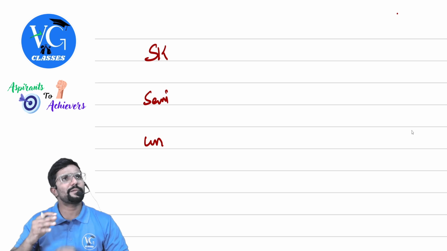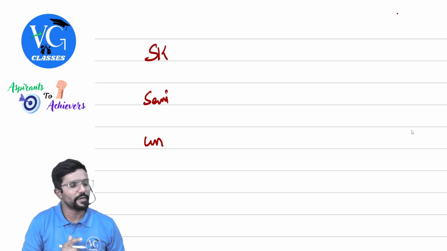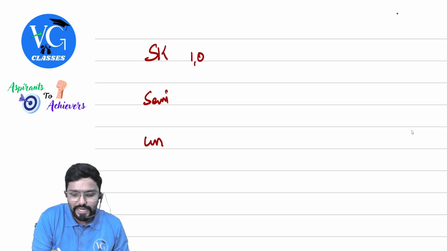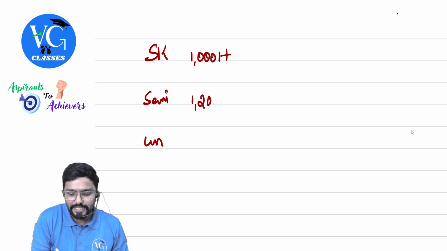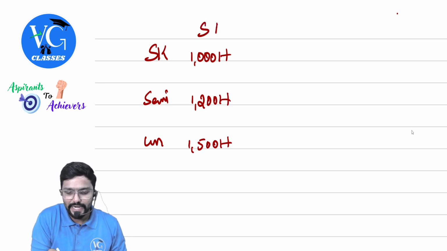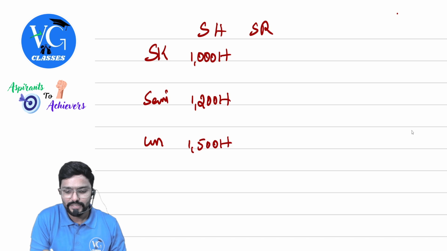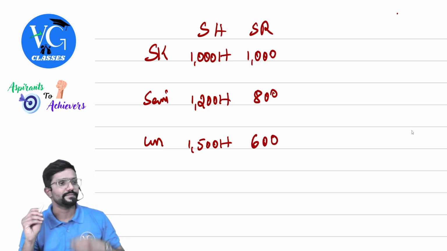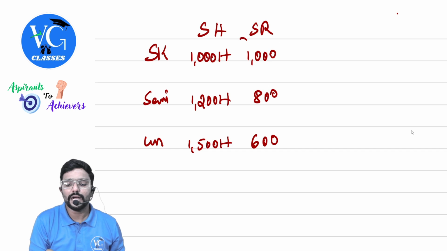For producing 1000 units of output, we were supposed to use 1000 hours of skilled workers, 1200 hours of semi-skilled workers and 1500 hours of unskilled workers. This is standard hours. The standard rate was 1000 rupees per hour, 800 rupees per hour, and 600 rupees per hour.